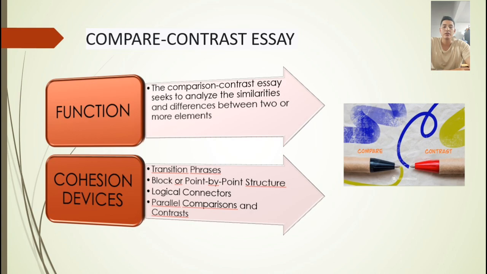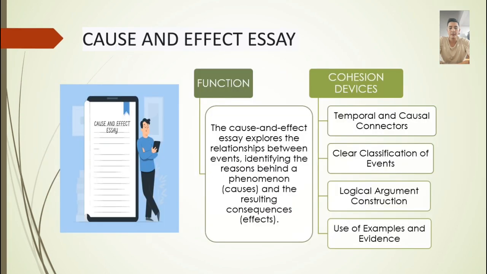Logical connectors: employing words and expressions that signal logical relationships, such as however, on the other hand, in contrast. Parallel comparisons and contrasts: maintaining parallel structures in comparisons and contrasts to facilitate understanding and enhance equivalence.